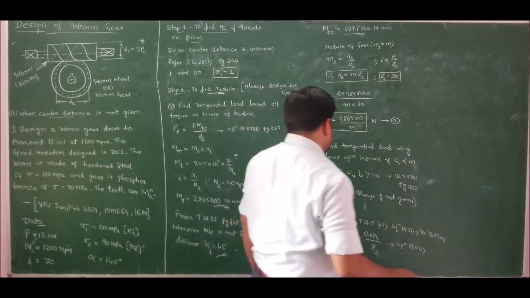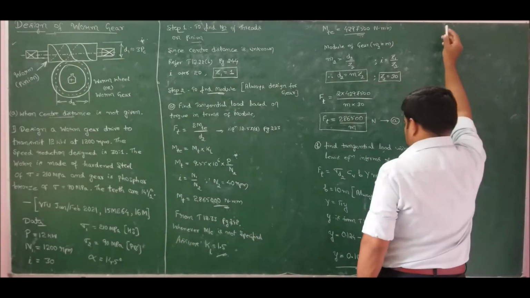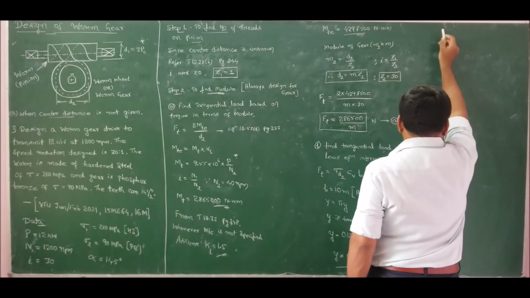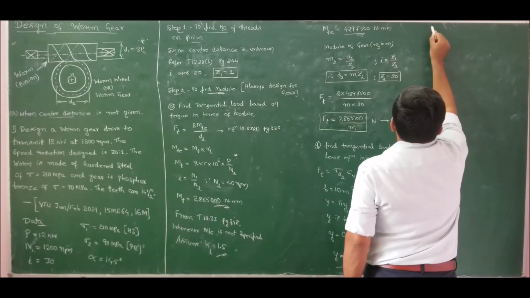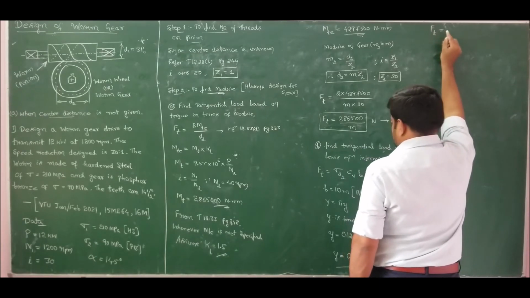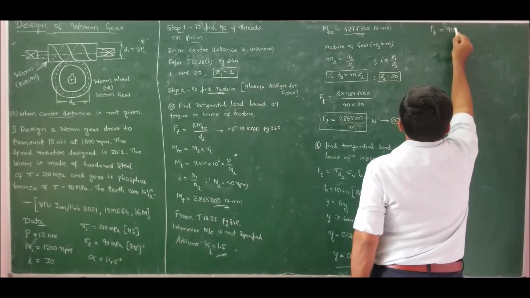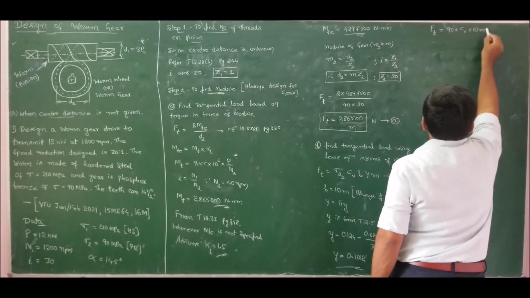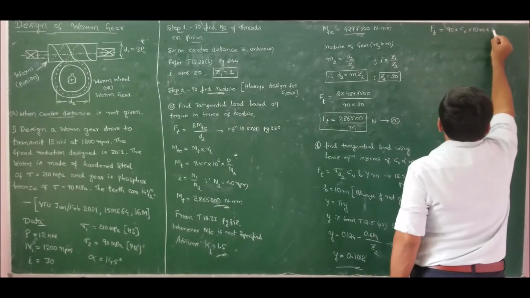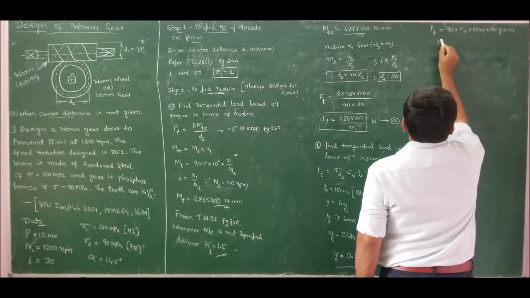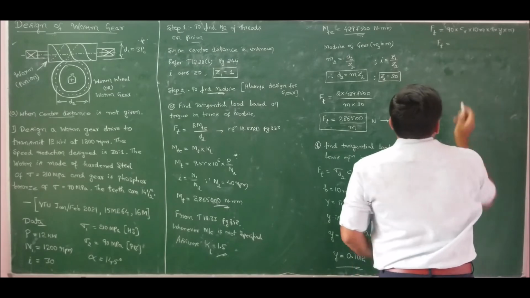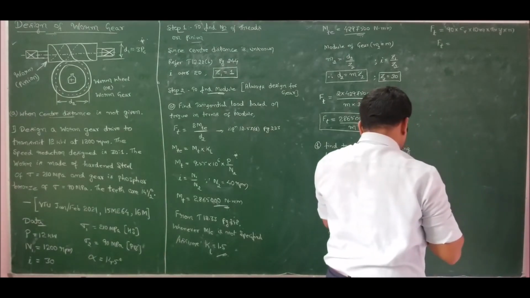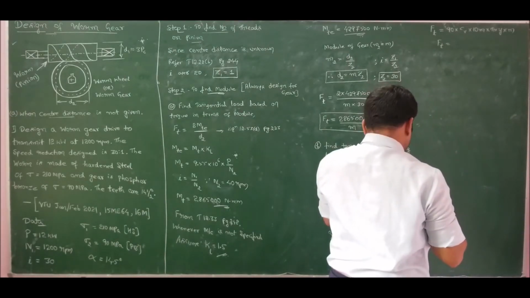So if I solve, I will get the value of Ft as 90 into CV into b, which is 10 times the module, into capital Y, which is pi times small y into module. So Ft is 90 into 10 into pi into y.